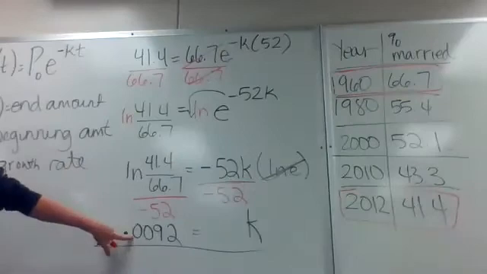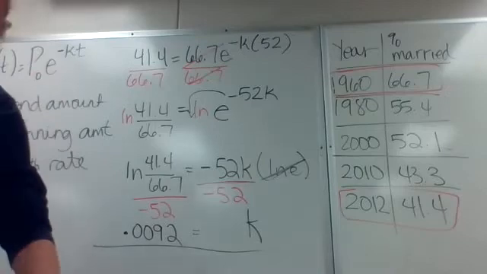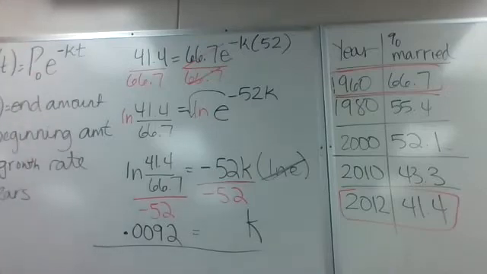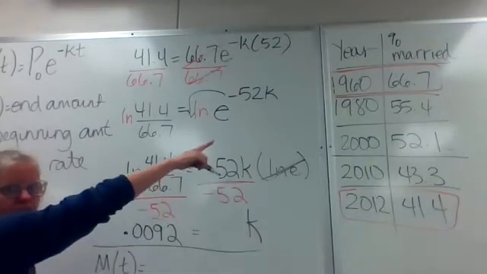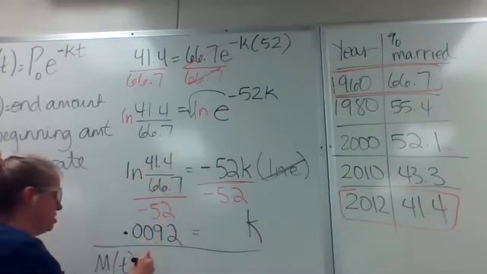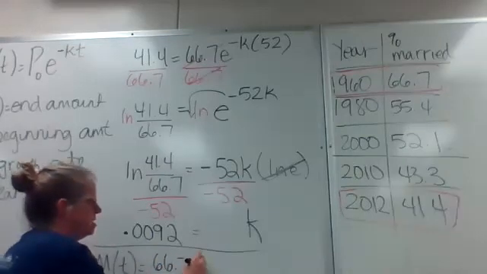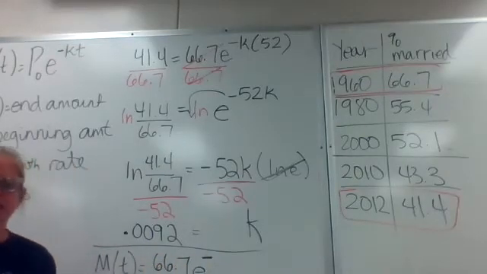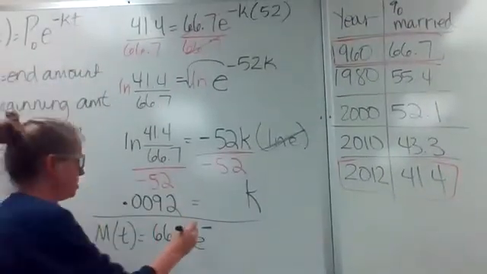Now it says use this answer to come up with the exponential decay model that we'll be able to use for the rest of the questions. So M of T, however you want to say it. What's the beginning amount? That's always the same, 66.7, E to the negative, since it's decaying, now plug in your K, which is 0.0092.